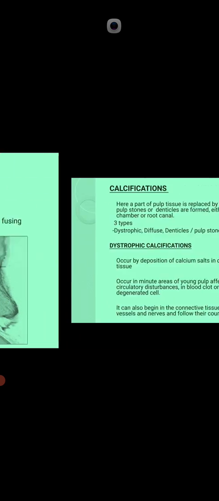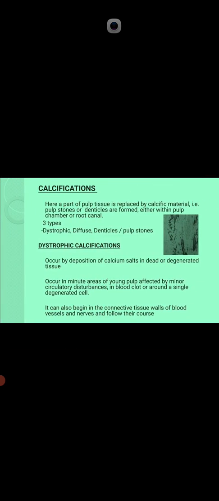First we start with what is pulpal calcification. Here a part of the pulp tissue is replaced by calcific material. For example, pulp stones, also known as denticles, are formed either within the pulp chamber or the root canal.